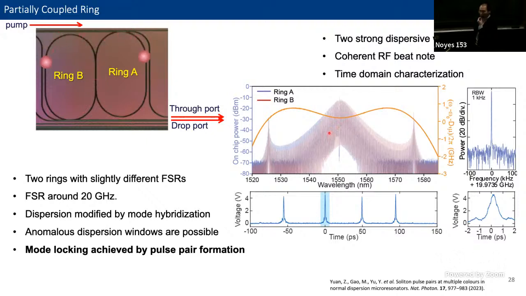In order to do that, we take the radio frequency beat note between the different comb lines, and in the beat note signal we identify a clear, strong single tone radio frequency signal, which indicates that this frequency comb is indeed coherent, or indeed it is a pulse in the time domain. And this time domain coherence is also confirmed by doing the time domain autocorrelation here.